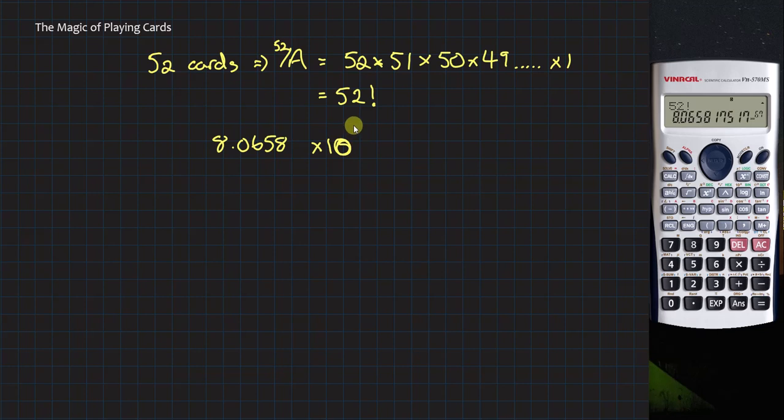So this bit is not a decimal number. What it's got to do is multiply by 10 to the 67. And if you remember all those indices chapters that we keep having to do, 10 to the 67 means you've got the previous number multiplied by 1 with 67 zeros on it.